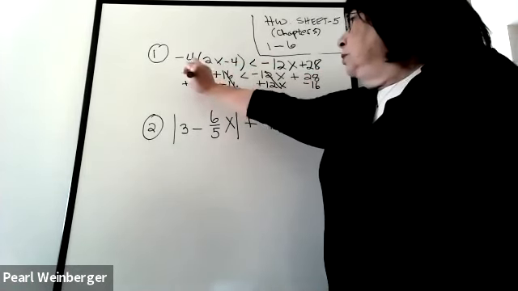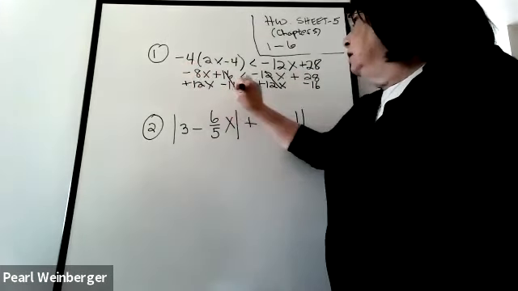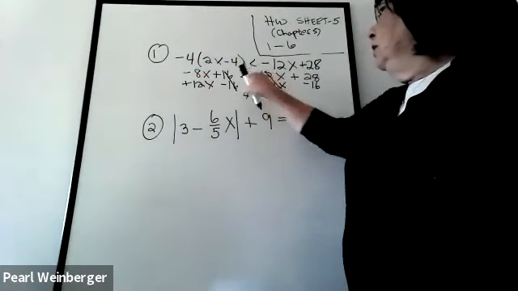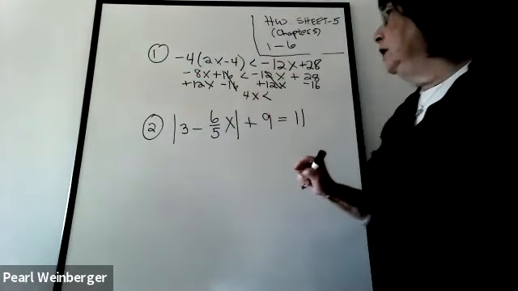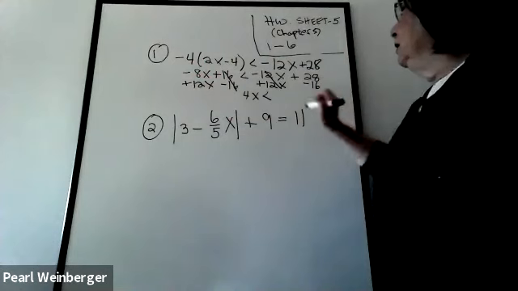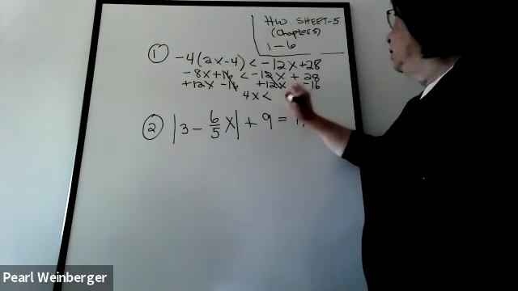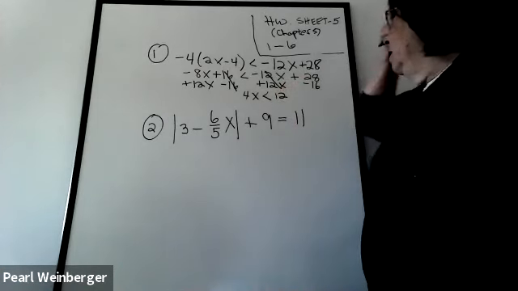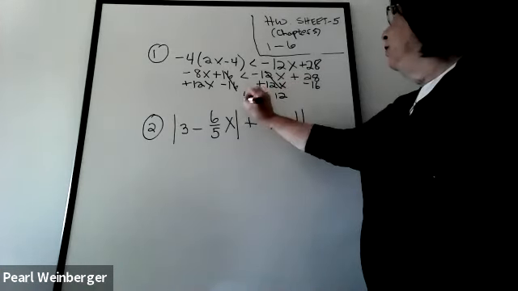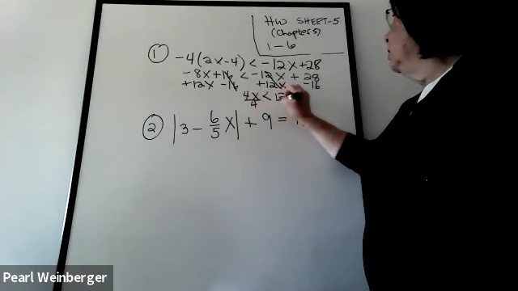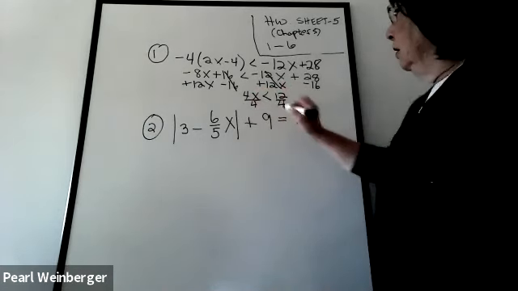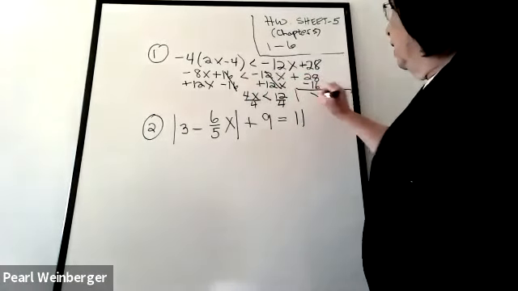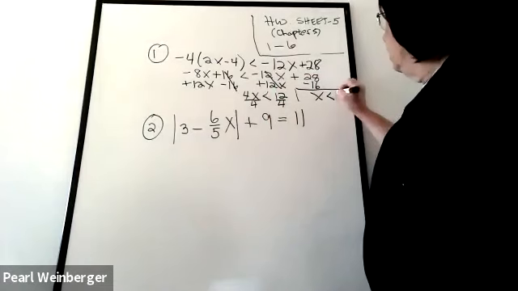So that I end up with -8x and 12x is 4x less than, remember, I don't change the direction of the inequality, 28 minus 16, which is 12. And then I divide by 4, which gives me x less than 3.